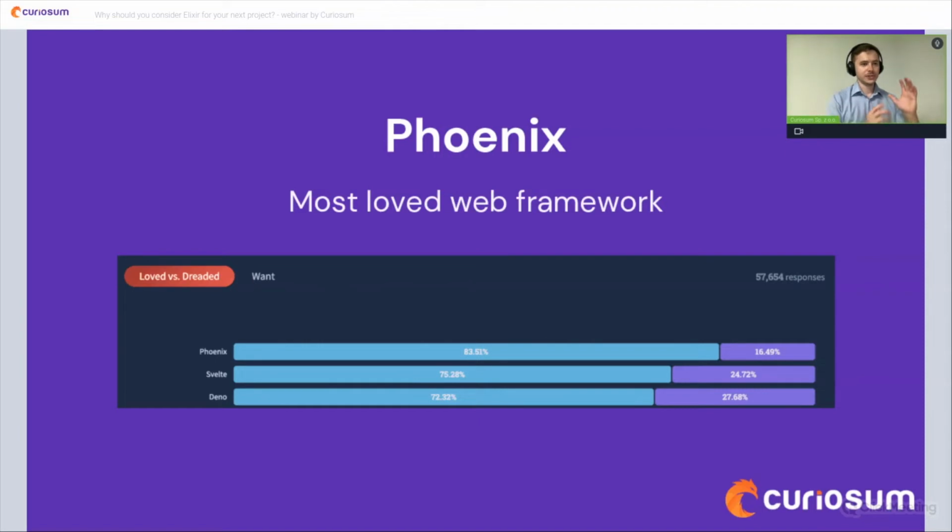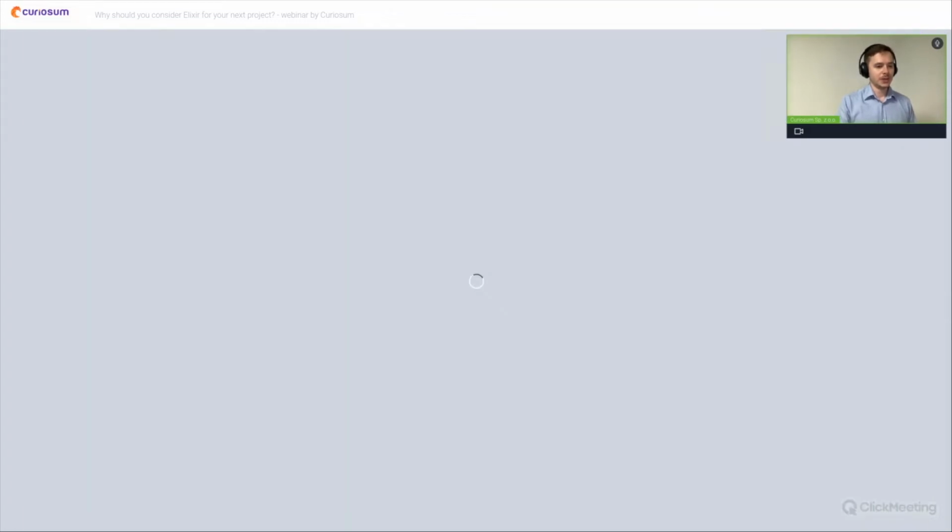So there is something here that we can obviously see, that this language and this framework for building web applications is really, really loved by the programmers. So the main goal of Elixir is, from my perspective, working. It's productive.